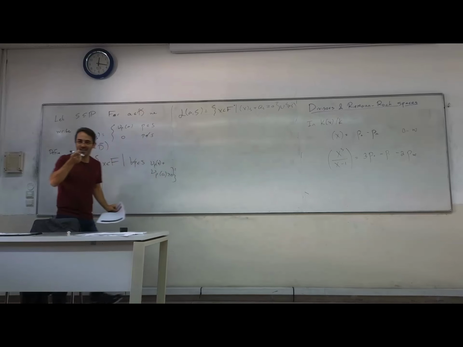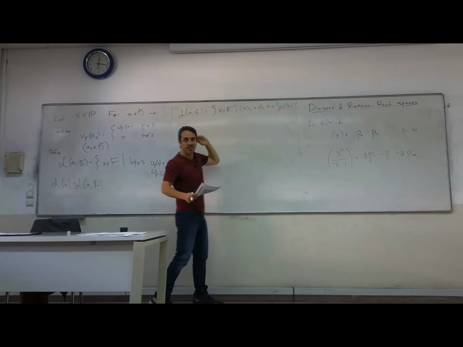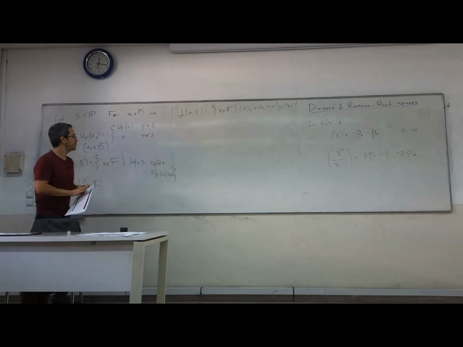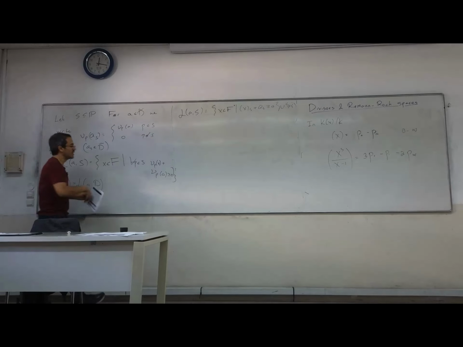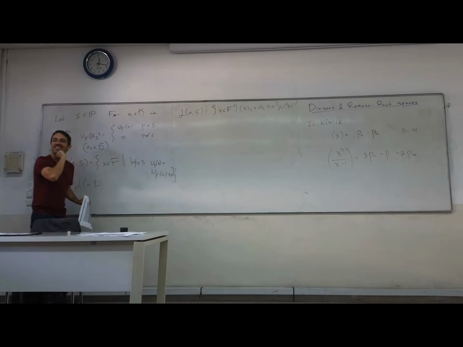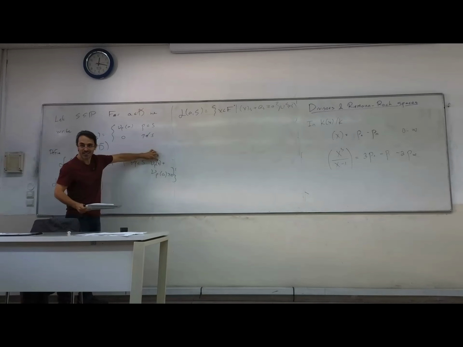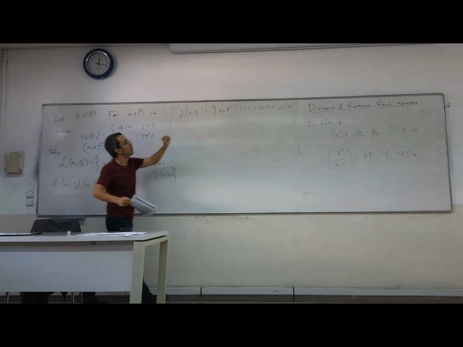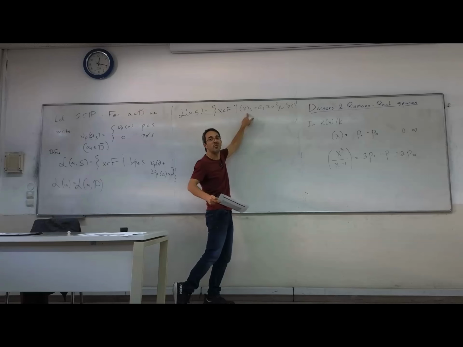Because you don't have a principal divisor corresponding to 0. But here it's fine, because VP of 0 is infinity. VP of a function, VP of 0 is fine, we extended that to infinity. But we never defined the principal divisor of 0.